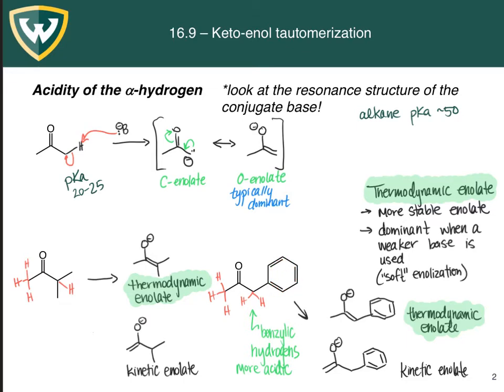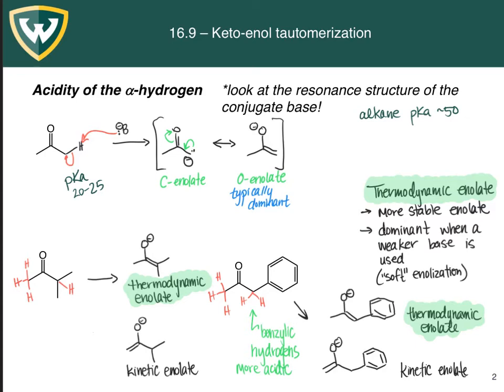They're especially acidic when they're next door to a carbonyl because now that anion can be stabilized not only through the aromatic ring but also onto the oxygen. So that gives us this structure here, which again is going to be our thermodynamic enolate, and the other one we just call the kinetic enolate.